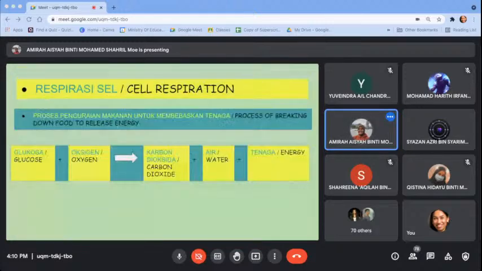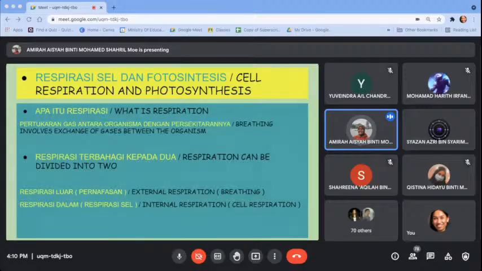Contoh respirasi luar ialah proses penarikan dan penghembusan nafas. Dan untuk respirasi sel, memerlukan glukosa dan oksigen untuk mendapatkan tenaga, air dan karbon dioksida.